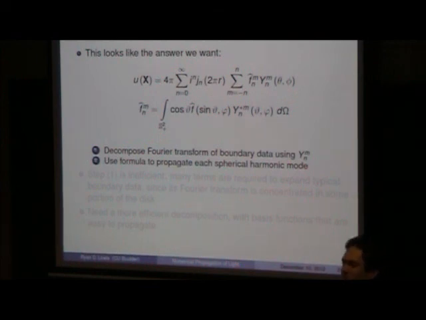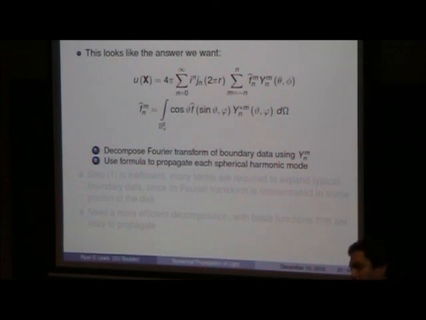Yes? How long does it take to calculate one propagation for typical cases? The first step is you can almost think of this as a matrix. You have a matrix that tells you how to take your input points to your output points. Generating that matrix takes a certain amount of time, maybe 30 seconds or a minute.